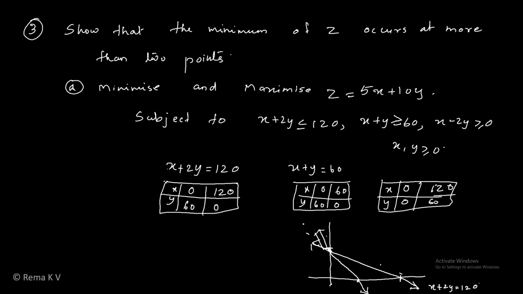This one is x plus y is equal to 60. And now the third is 0, 0 and 120, 60. 120, 60 is here. So it's a line like this.